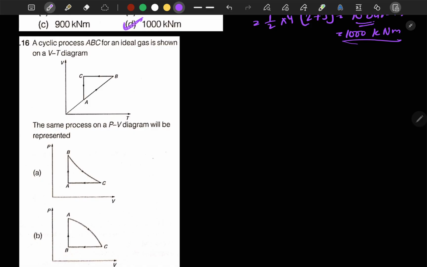A cyclic process ABC for an ideal gas is shown in VT diagram. The same process on PV diagram will be represented by. Next we will transform it onto PV diagram. We can already see one thing: since this AC process is at constant temperature, we will have a constant temperature process like this.